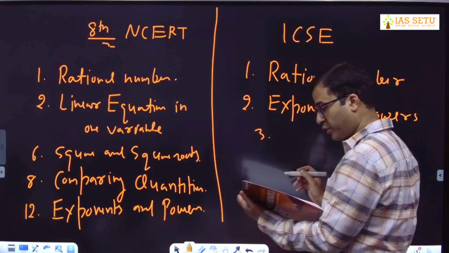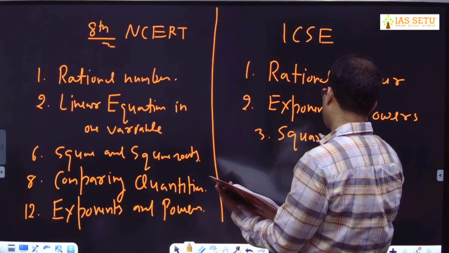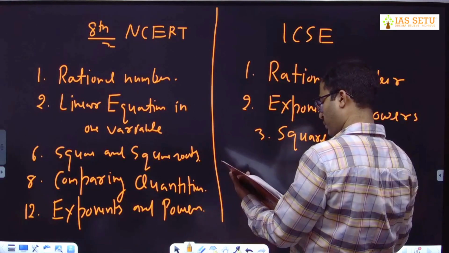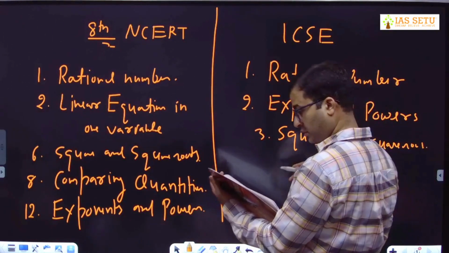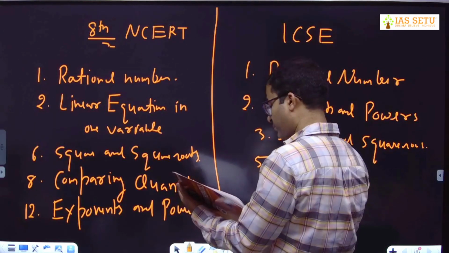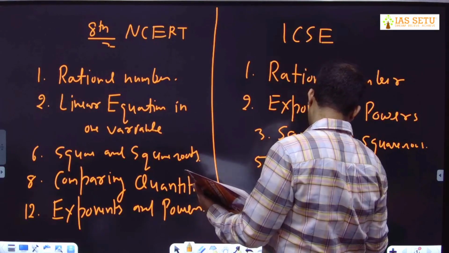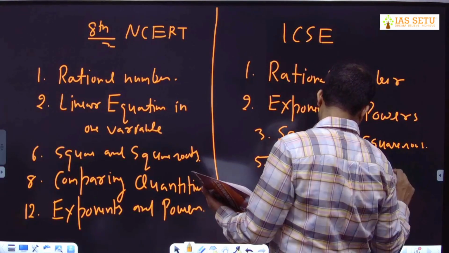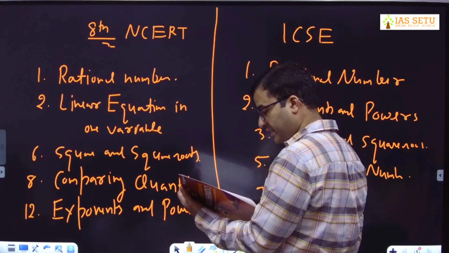Chapter number 3, squares and square roots. Chapter number 5, playing with numbers. Chapter number 7, later, percentage and its applications.